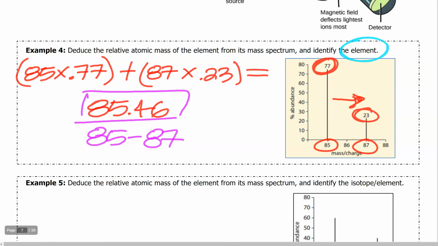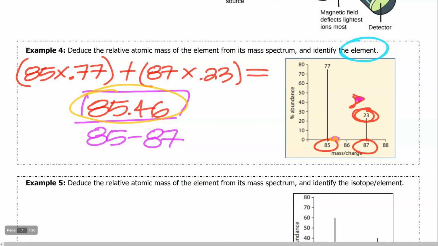So the 23% is going to pull it forward a bit, but not that much. And so you can kind of think, well, I'm probably in this area down here. Well, yep, there we go, 85.46. It's a little bit beyond 85, but it's still pretty close to 85.